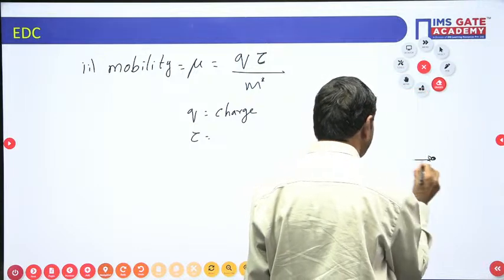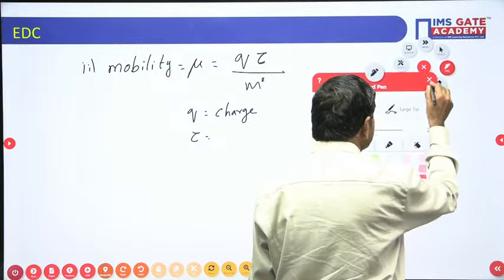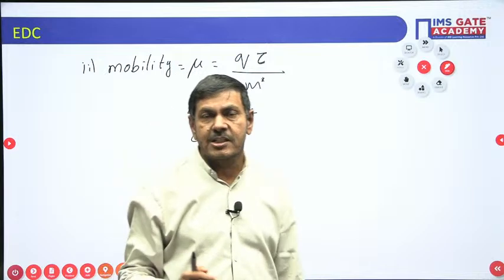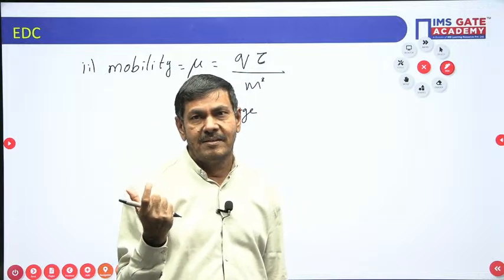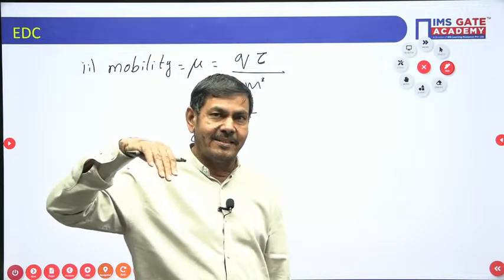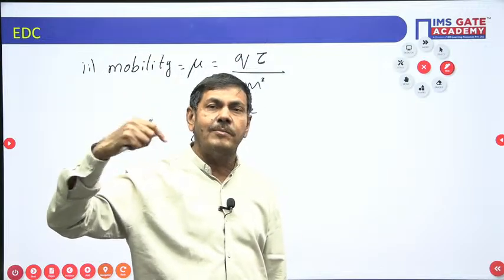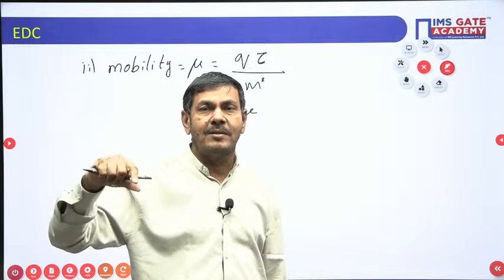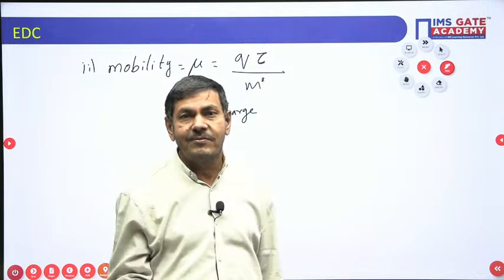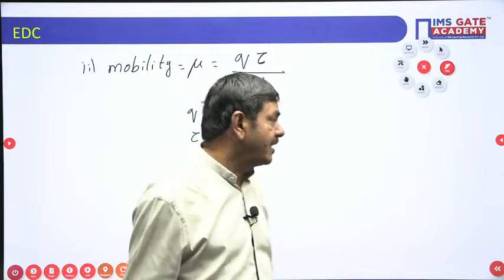How we can say? When the electron is going to move in the semiconducting material, you think so, it is going to be trapped in the hole. Before trapping into the hole, it is a free electron only, we can say. But how long the electron will be free before recombining with the hole is called the mean free time. In a different way also we can define only now.